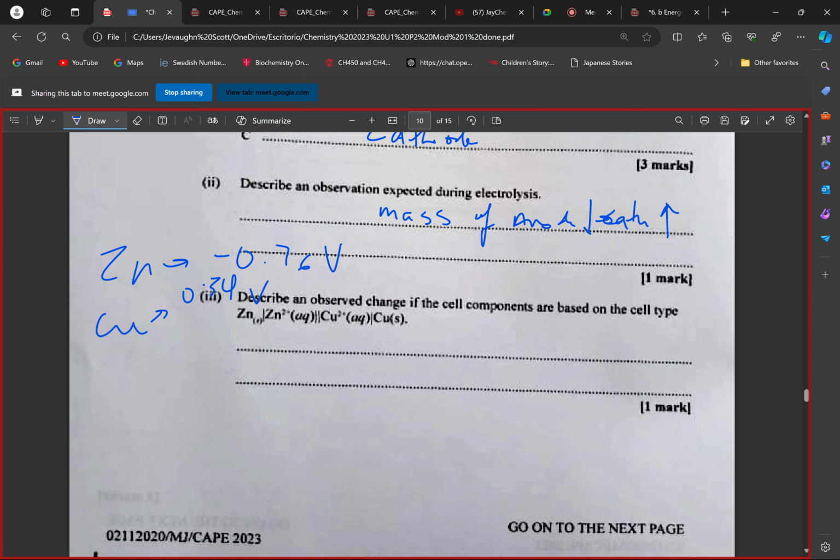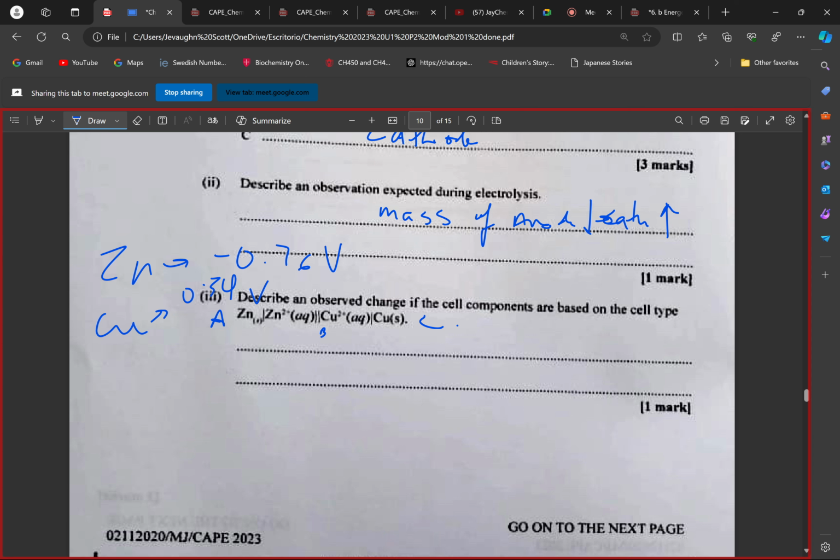We could also see that based on cell notation: anode, then the bridge, then the cathode. So the zinc is going to produce electrons, and copper ions are going to deposit onto the cathode, as somebody said earlier.